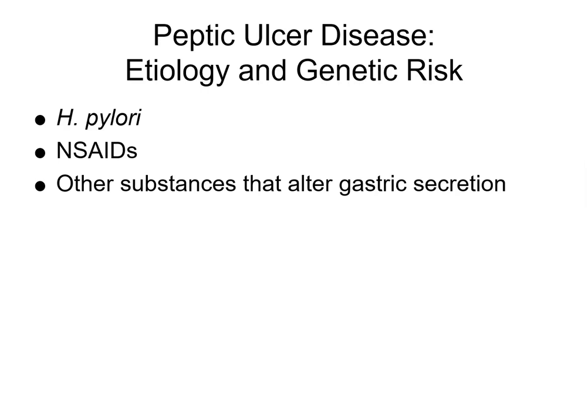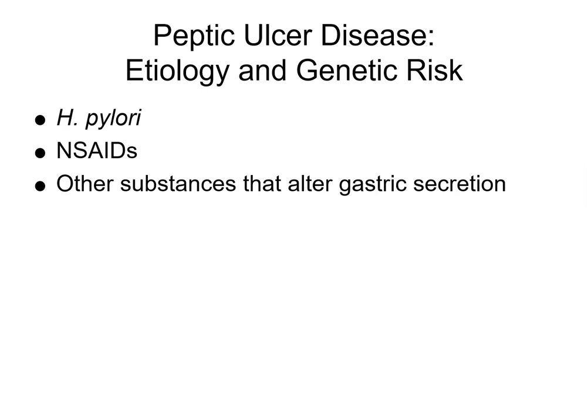What are some other causes for peptic ulcer disease? Long-term use of NSAIDs. And it's not only NSAIDs, long-term use of steroids, corticosteroids can cause peptic ulcer disease. The ibuprofen, any of those meds can cause peptic ulcer disease as well.